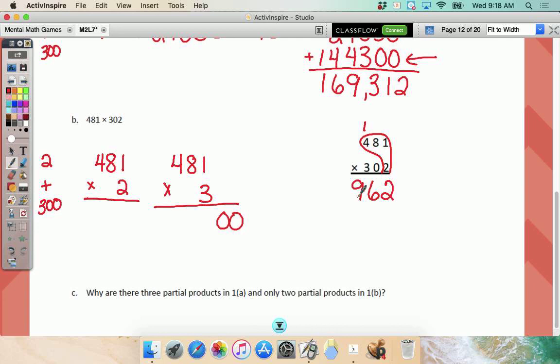Okay, when I do my X's and O's, I've got a couple choices. We talked about them yesterday. One choice would be to do X's and O, and then do 0 times 1, 0 times 8, and 0 times 4, and write 3 more zeros. That wasn't our favorite, though, because we have a chance of not lining digits up correctly.